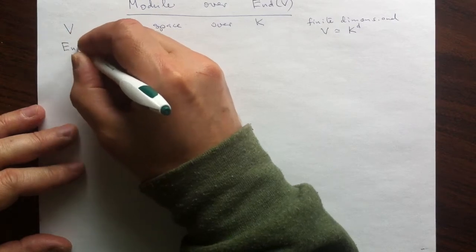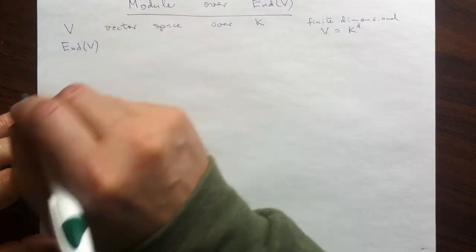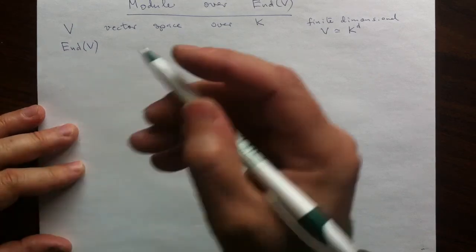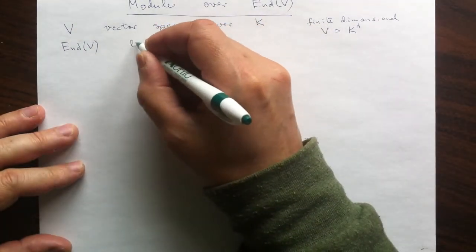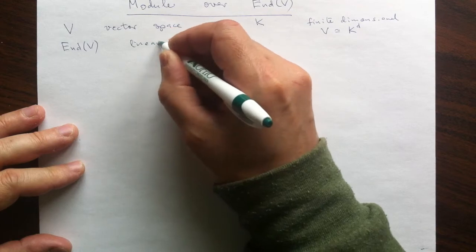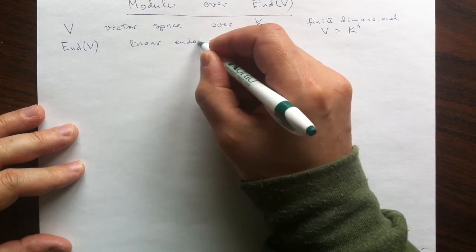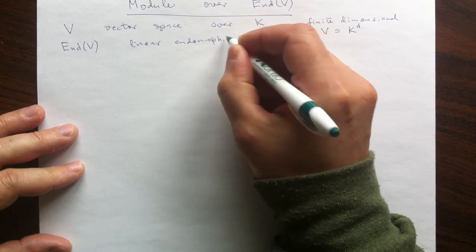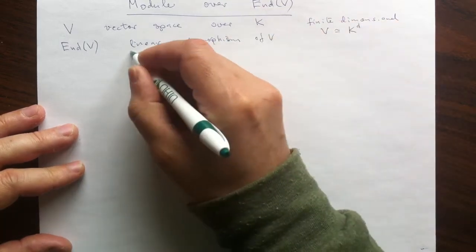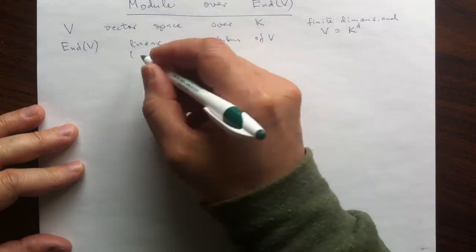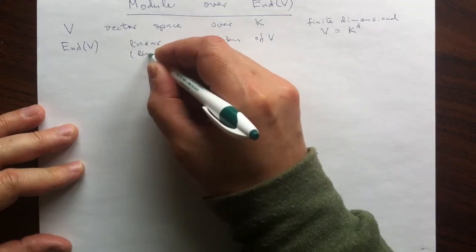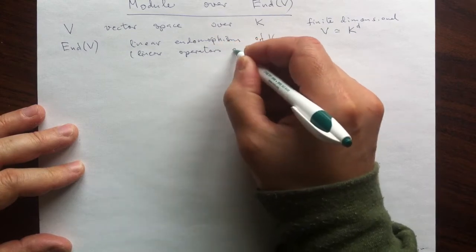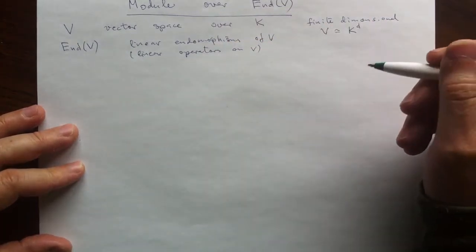And my ring in question will be the algebra of endomorphisms. So they are linear endomorphisms of V, which is the same thing as linear operators on V in linear algebra terms.